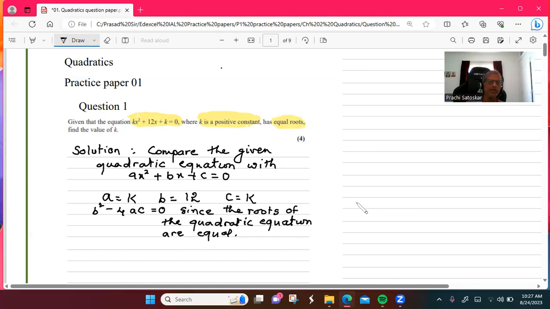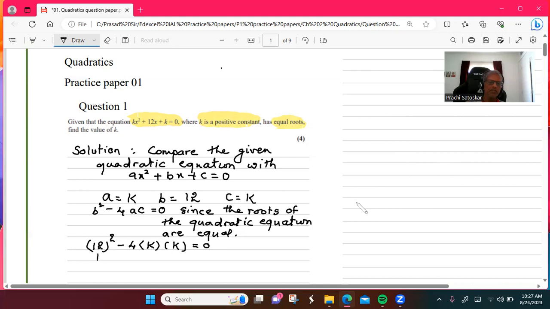Now substitute the values. B square, that is 12 square, minus 4. A is k and c is k. That is equal to 0.